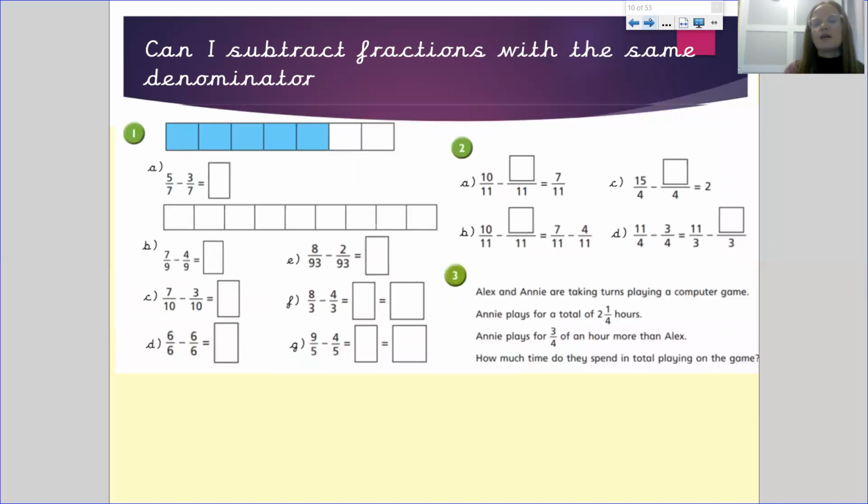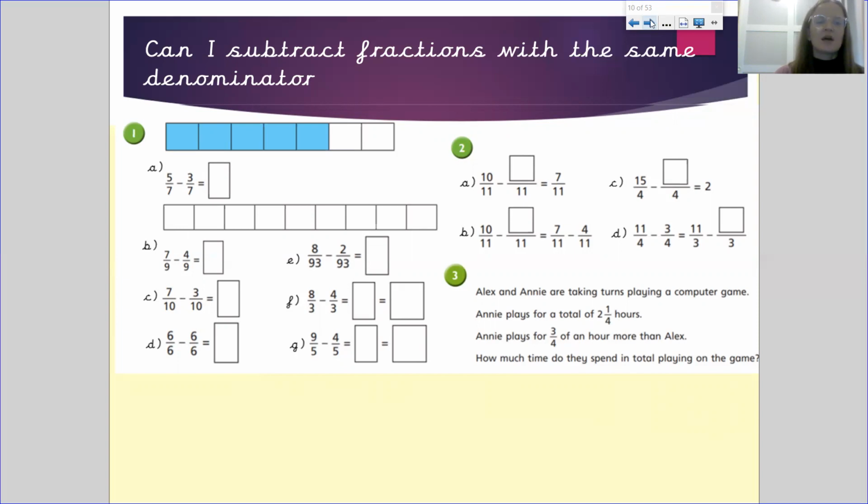With that in mind, these are your 3 challenges for today. Question A says 5 over 7 minus 3 over 7, and there is a bar chart to help you work that out, so please make sure to write that out and give me an answer.